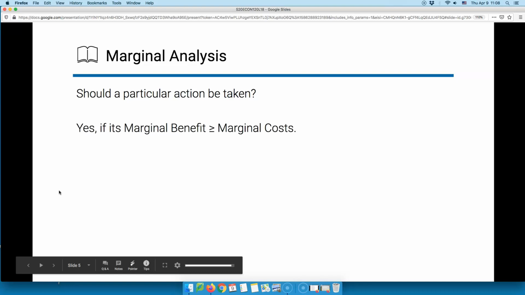So you have to be comparing marginal benefit versus marginal costs, and marginal is just another way of saying additional. And you should take an action if its marginal benefit is at least as high as its marginal cost. So let's go back to the examples that we were working on previously.